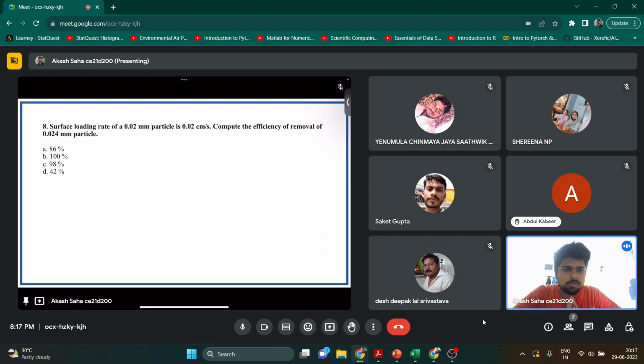If you know the trick, we don't have to calculate anything. By seeing the question itself, we can say the answer. No calculation is required in this question, though it looks like a numerical. It is C, 98%.